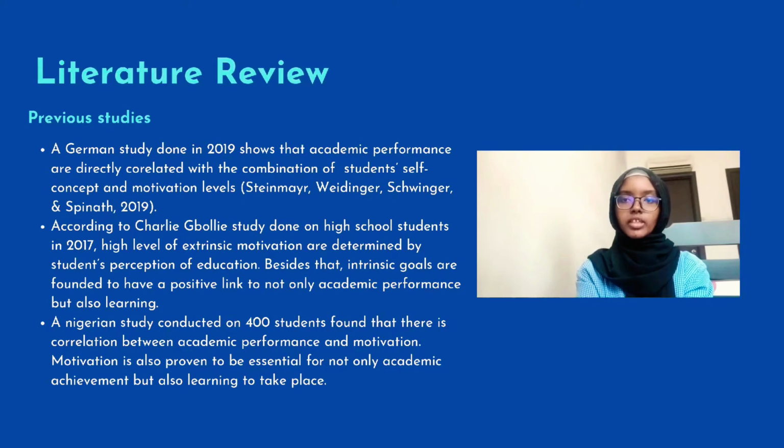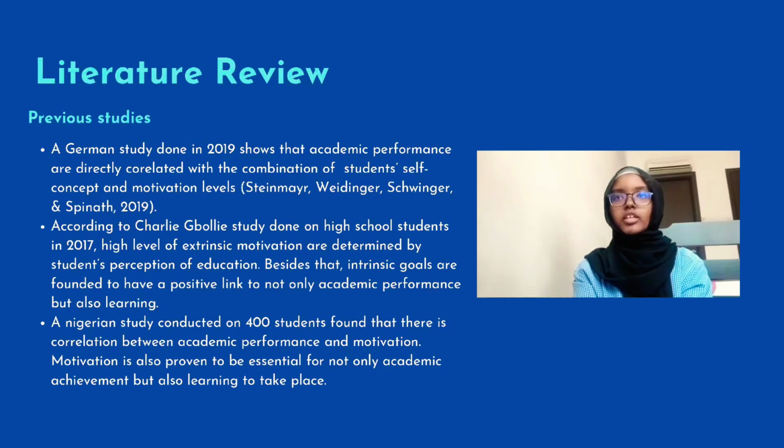When it comes to previous studies done to understand more about academic performance and motivation, a German study done in 2019 shows that academic performance is directly correlated with the combination of student self-concept and motivation. According to Charlie Gobley's 2017 study on high school students, high levels of extrinsic motivation are determined by students' perception of education.